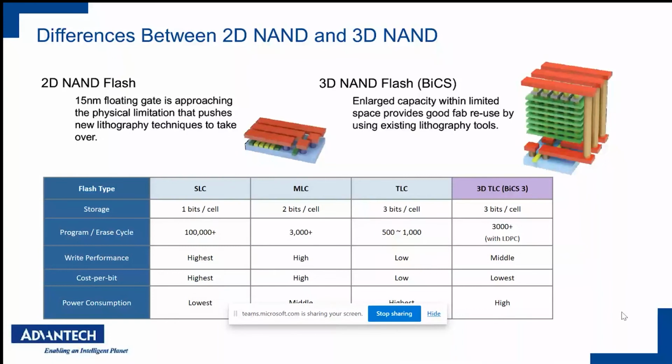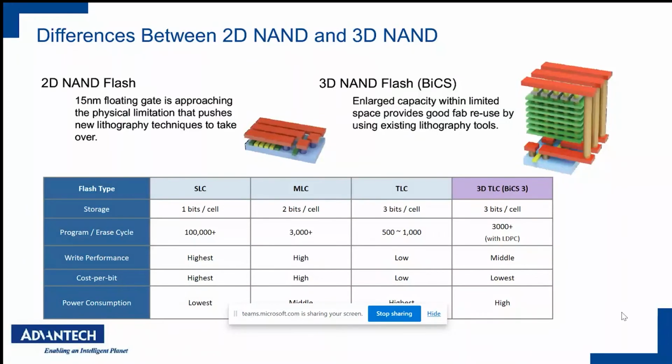As 3D NAND matures, the reliability has increased due to market trends, the ability to pack more storage, and the lower cost of 3D NAND flash. Most flash manufacturers are putting more resources into 3D NAND, and as such, the lead time for 3D NAND is also shorter than MLC.